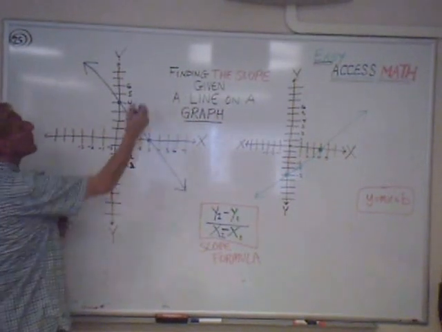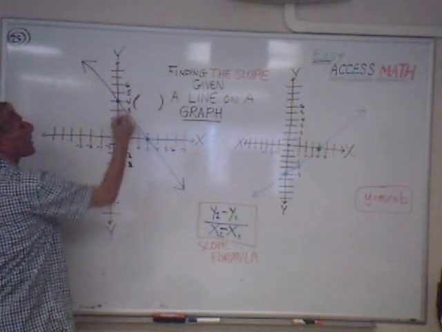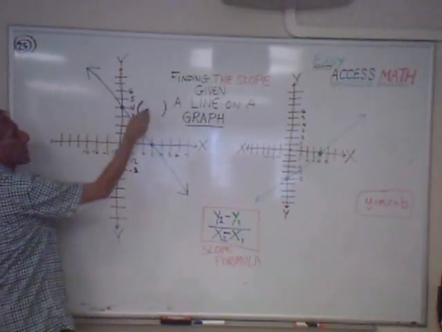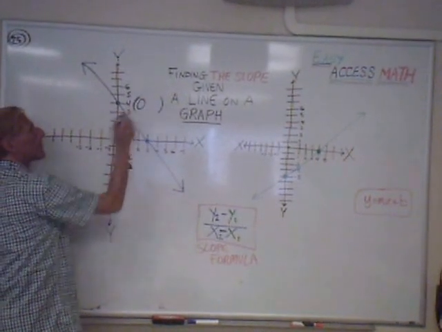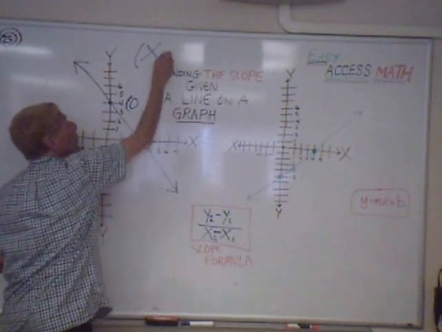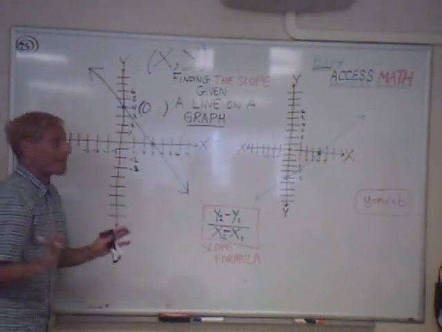So I know that this point here is 0 on the x because it doesn't have any left or right. Remember, whenever we have a point, x is always the first coordinate, y is always the second.